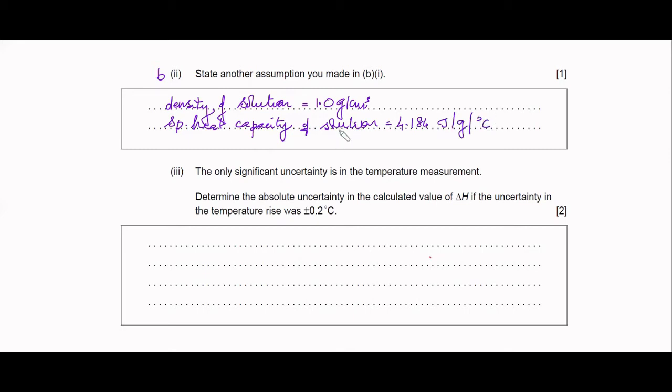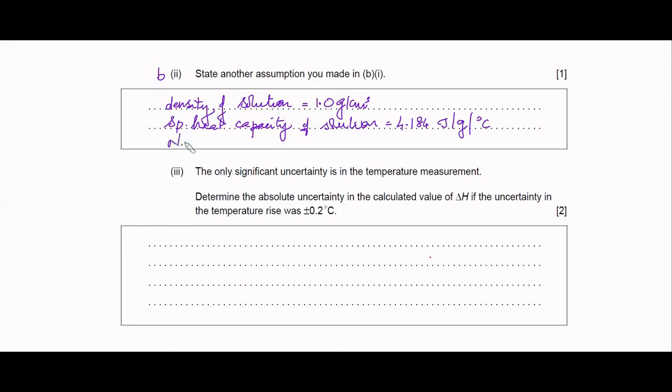Another assumption we made was that there is no heat loss to the calorimeter, to the thermometer, or the stirrer that we are using.